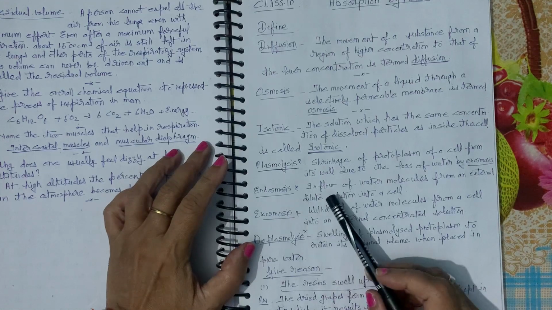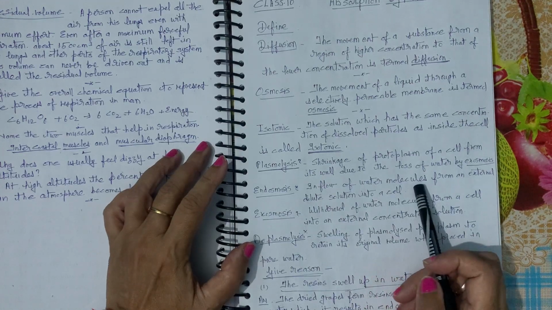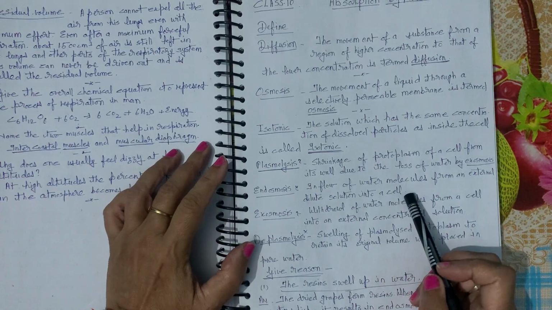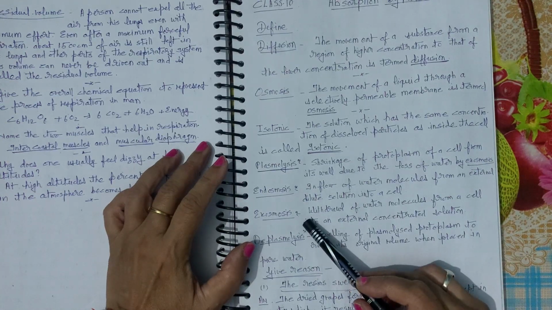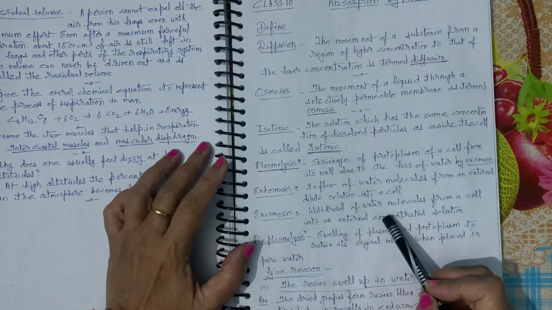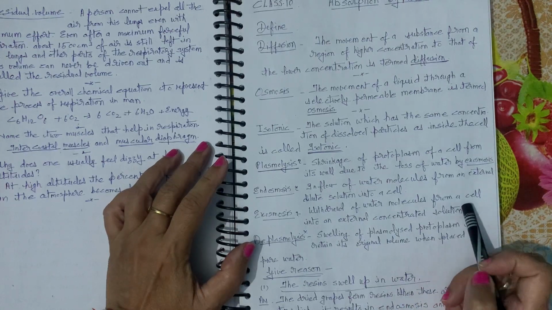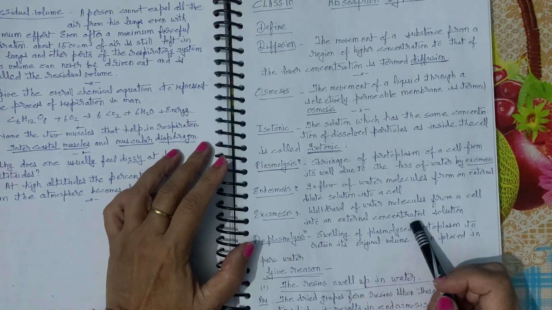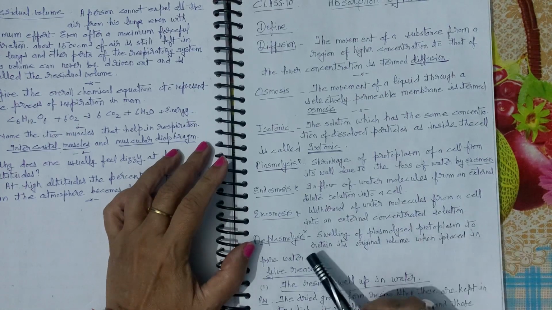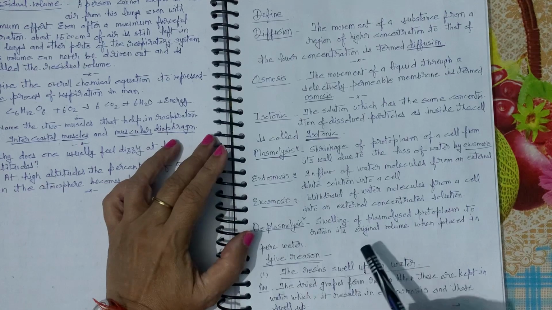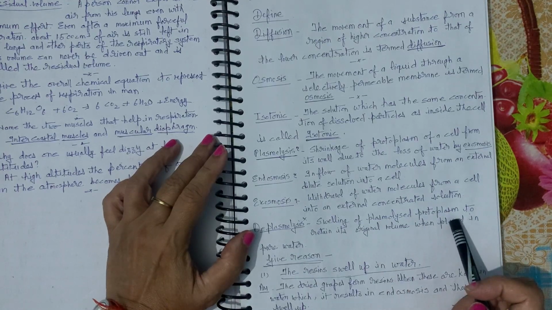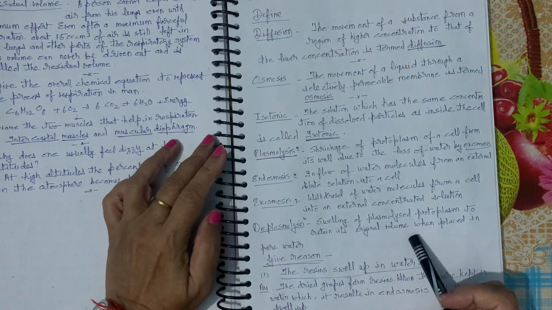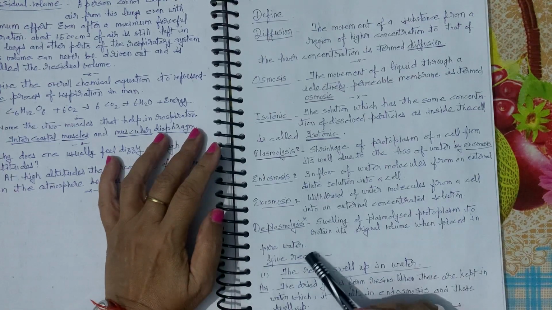Endosmosis: inflow of water molecules from an external dilute solution into a cell. Exosmosis: withdrawal of water molecules from a cell into an external concentrated solution. And deplasmolysis: swelling of plasmolysed protoplasm to regain its original volume when placed in pure water.